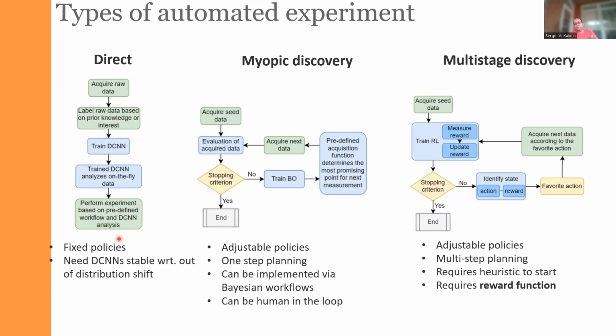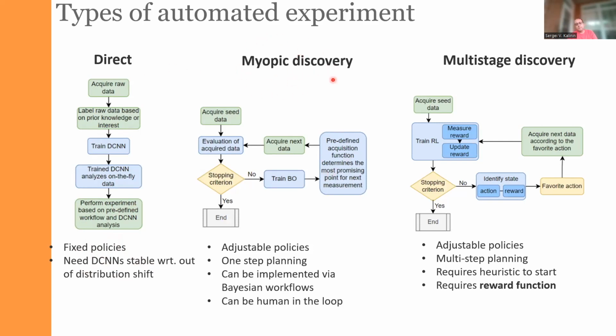An example of this workflow is using a deep convolutional network to find all the domain walls or find all the silicon atoms in graphene. In this case, our policies are fixed. The technical difficulty here is that we need to have stable DCNNs that don't care about out-of-distribution shifts. But in this case, everything is fixed.